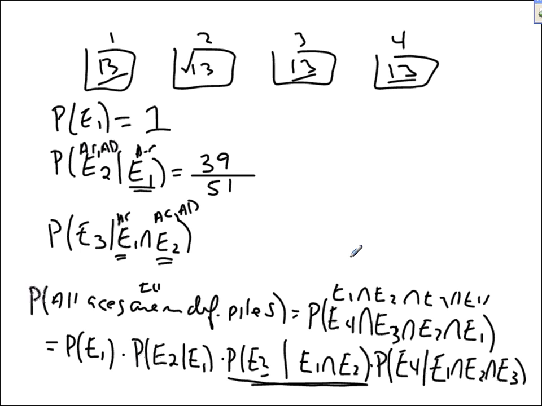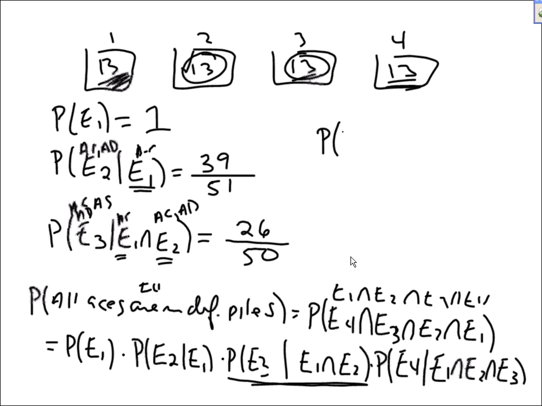So we've used 2 piles. Maybe the ace of clubs is here and the ace of diamonds is here. There are 26 slots, first and fourth, for E3, which includes the ace of clubs, the ace of diamonds, the ace of spades. Now, there are 50 cards remaining.